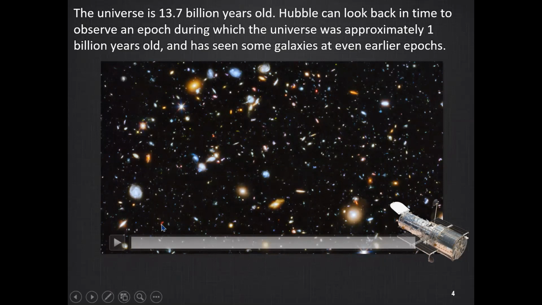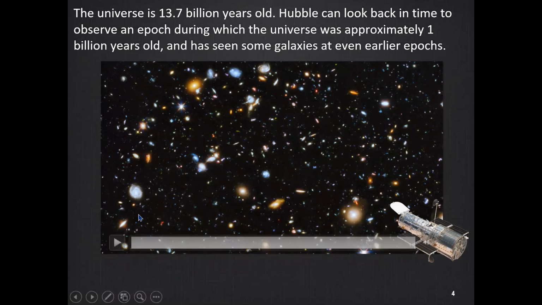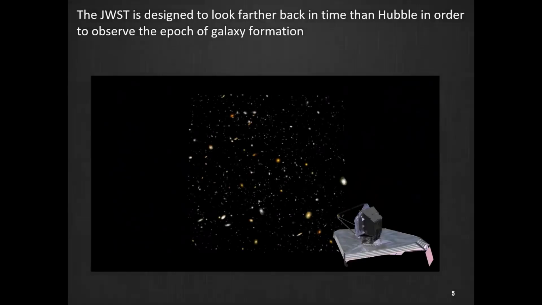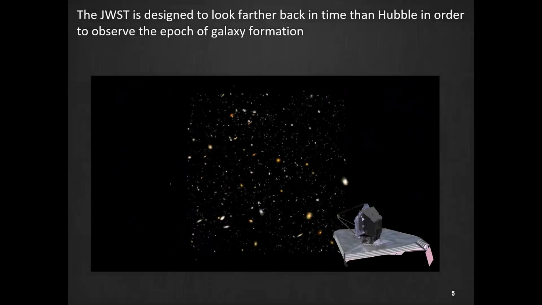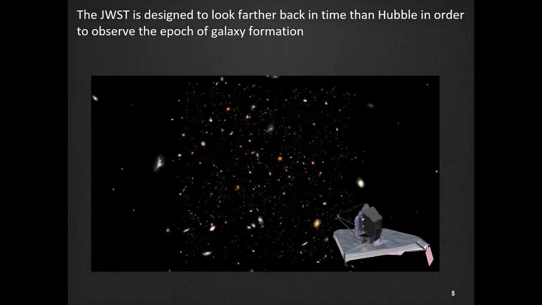These are high redshift galaxies, and we have not seen the beginning yet. We have not seen back to the epoch of galaxy formation with Hubble, and we'll talk about why in a few slides. When the JWST mission starts, it will repeat that experiment conducted in much the same way.